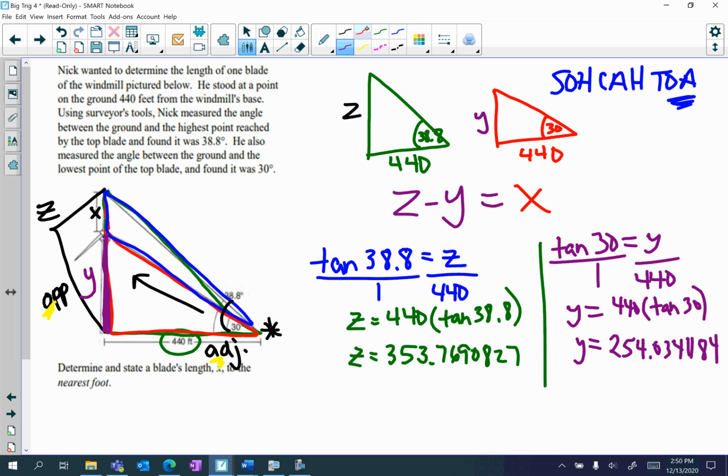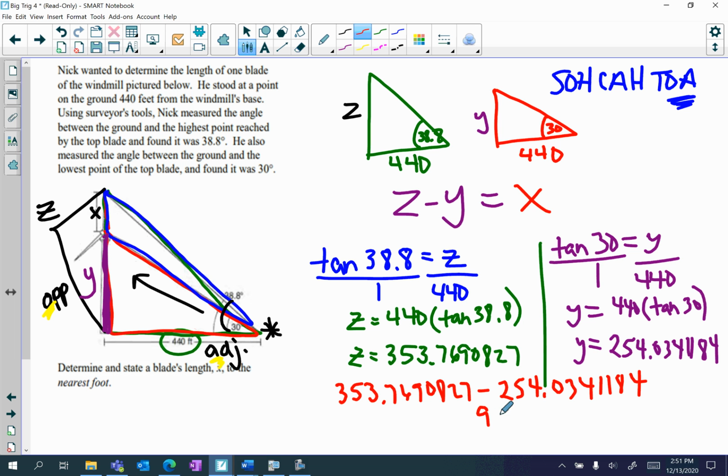Now remember what we said before. We have z and we have y. The whole length of z is 353 point so on, and y is 254 point so on. To get x, I have to subtract the two. So I'm going to take 353.769087 and subtract 254.0341184.